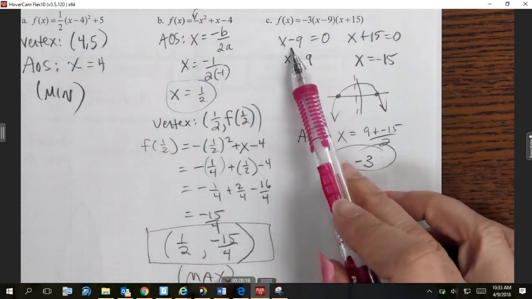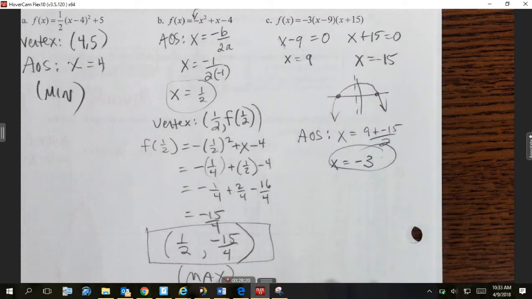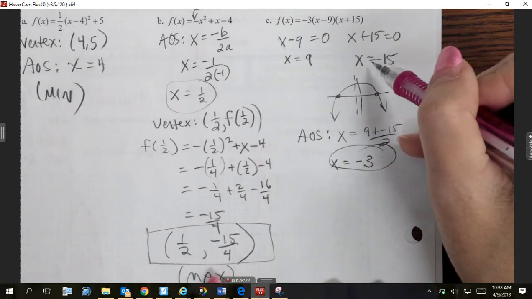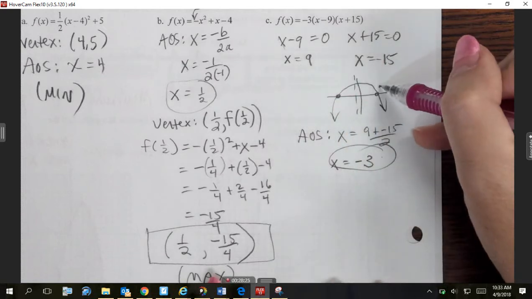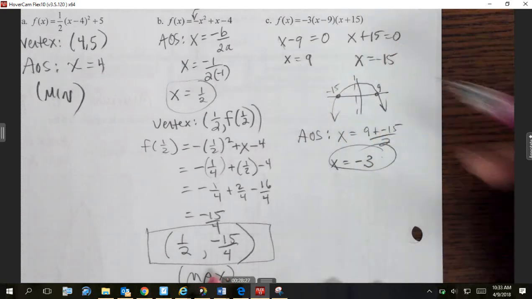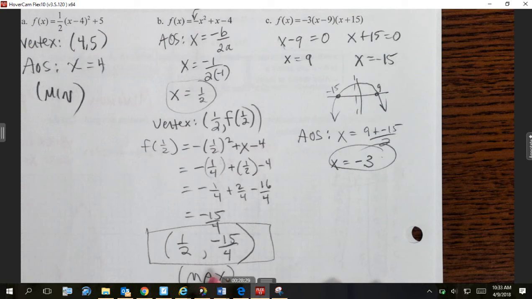So you're setting each of these factors equal to 0. So I find that one x-intercept is at positive 9, and the other one is at negative 15, because that's what makes the equation equal 0. Okay? Did you just have those reversed? Okay. So then I'm averaging this, and I'm going to get negative 3.